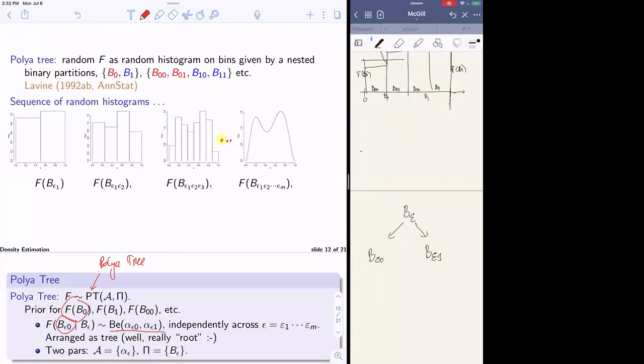And if you have f of B sub epsilon, then we generate f of the descendant subsets as f of B sub epsilon 0 given B sub epsilon. To generate a random distribution, this becomes a random variable. Let's call it y sub epsilon 0. And we draw it from a beta distribution with parameters alpha blah blah and alpha blah blah.